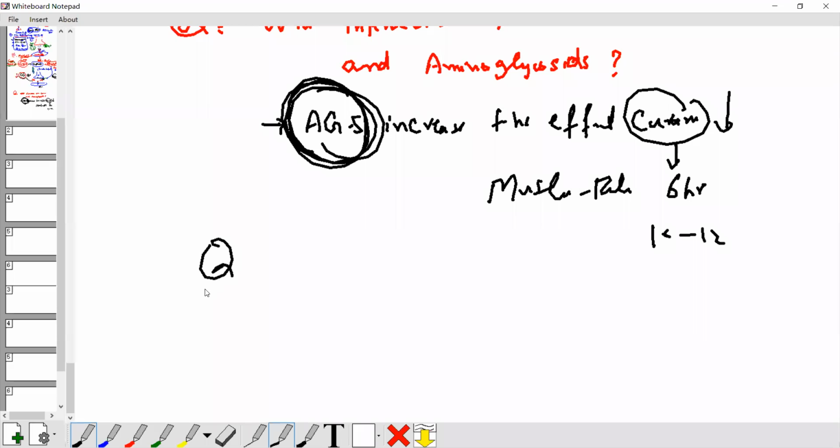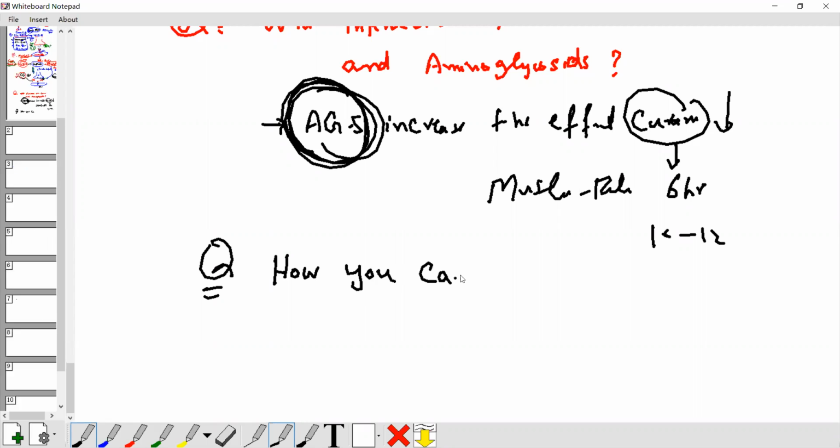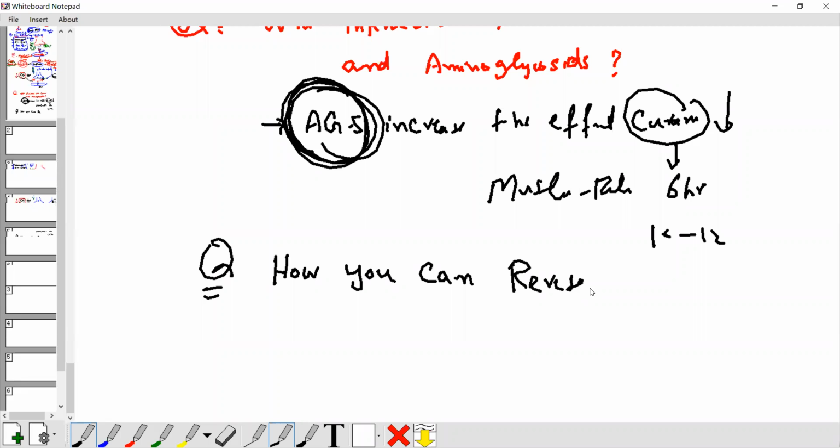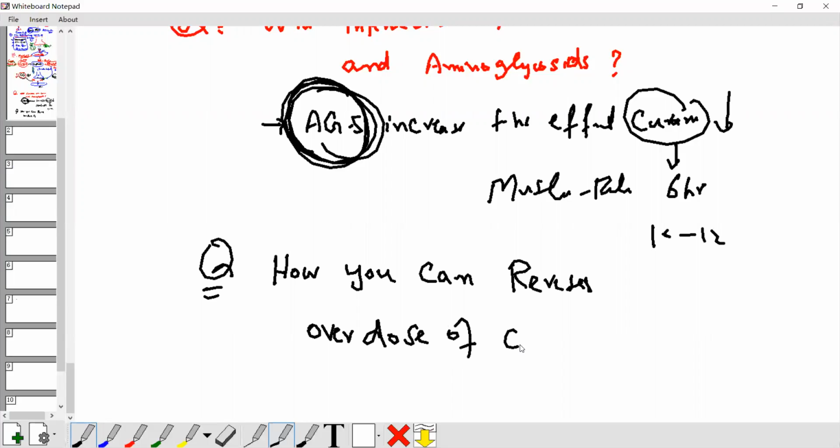Another question: how can you reverse an overdose of Curare?